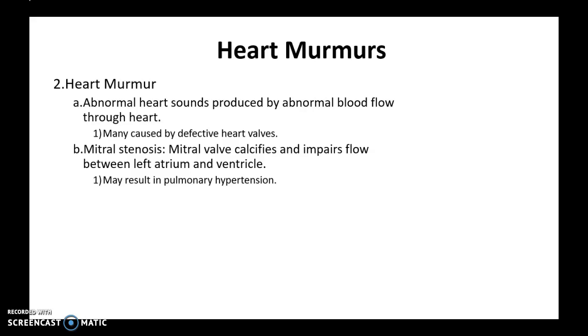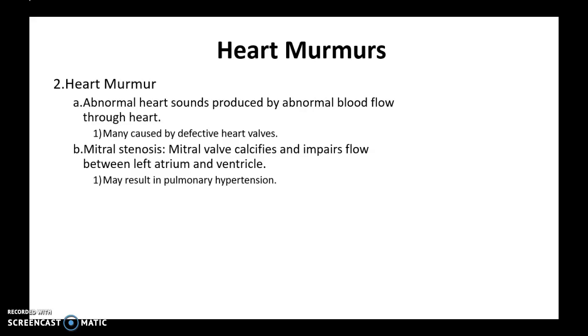All right, let's talk about mitral stenosis. In this case, the mitral valve becomes thickened and calcified. This can impair the blood flow from the left atrium to the left ventricle, and accumulation of blood in the left atrium may cause a rise in the left atrial and pulmonary vein pressure, resulting in pulmonary hypertension.